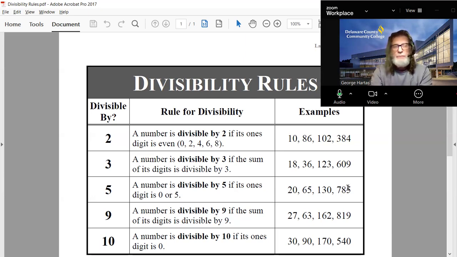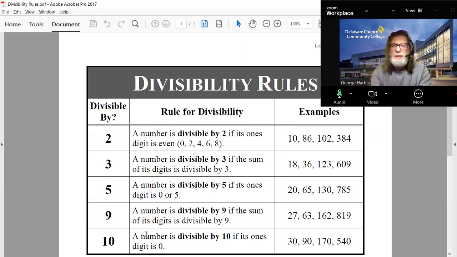And that kind of makes intuitive sense, right? Because take multiples of the number 5 and think that through. 5, 10, 15, 20, 25, 30. You notice how the right-hand digit, the ones digit, flip-flops between 0 and 5. So that's the rule for 5.